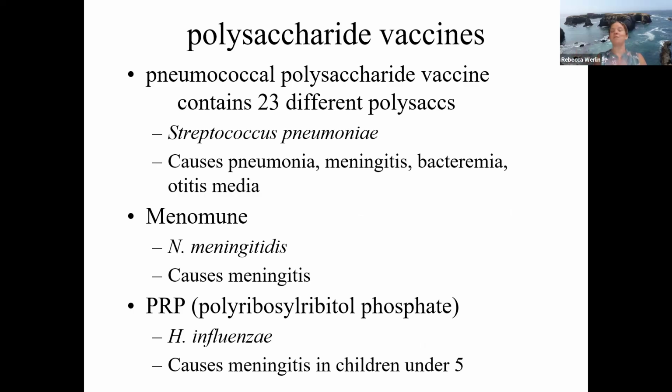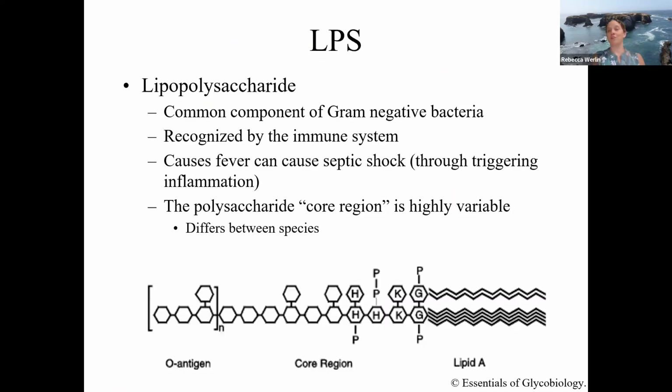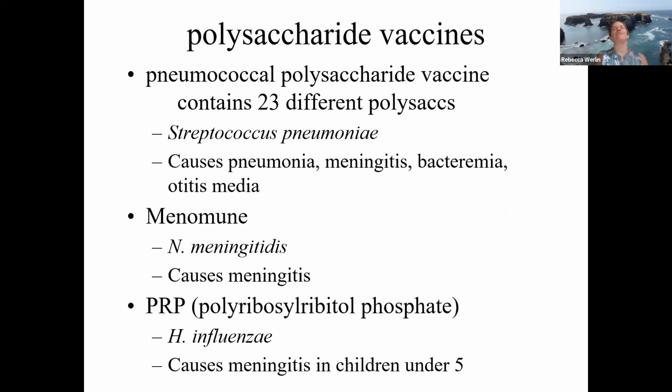You use those sugars to make a vaccine, and you have protection. So you can use sugars for structure. You can use sugars for energy storage. You can use sugars for your outside structure. You can use sugars for vaccines. So they have a huge variety of functions.